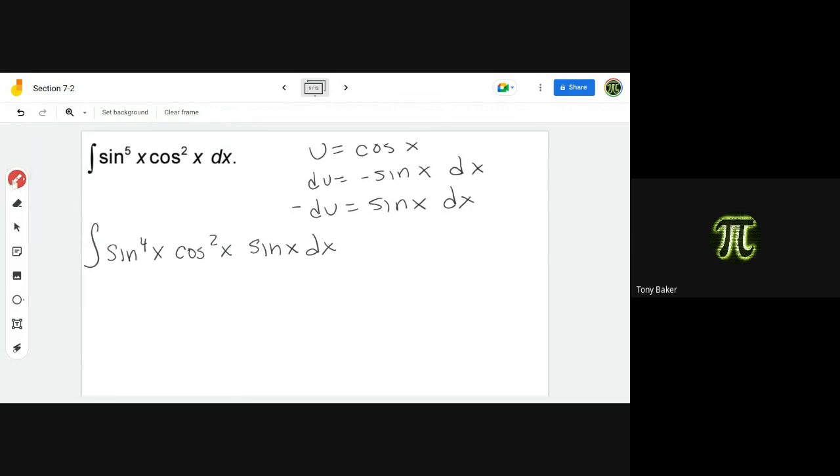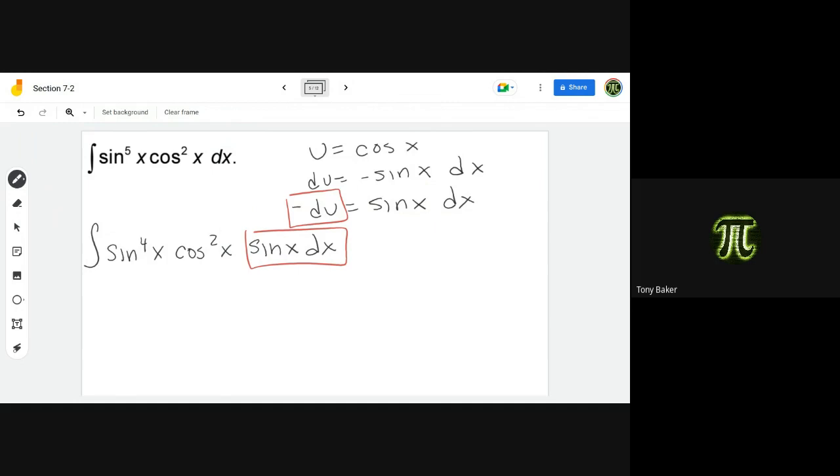And my u is cosine, so I can get rid of that. But somehow I need the sine to the fourth x to become cosines.